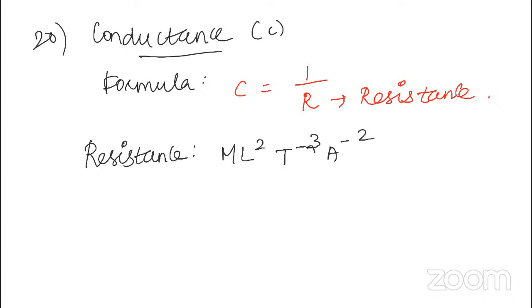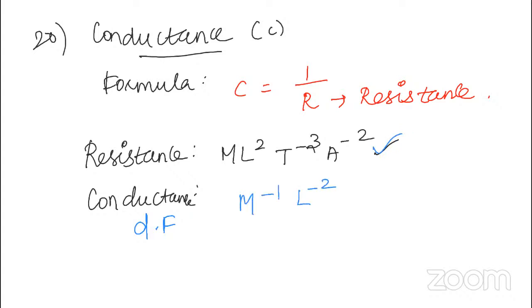Conductance is the inverse of resistance, so in the dimensional formula we just write the reciprocal. So the dimensional formula for conductance is the reverse of resistance, that is M power minus 1 L power minus 2 T cube into A square.